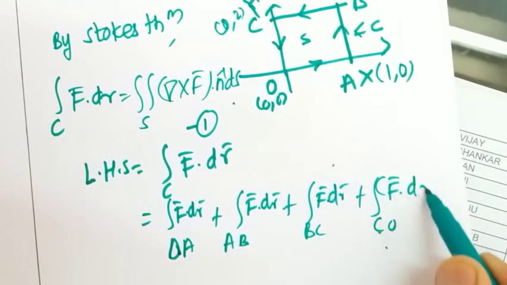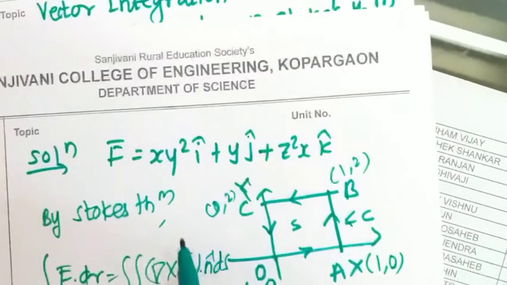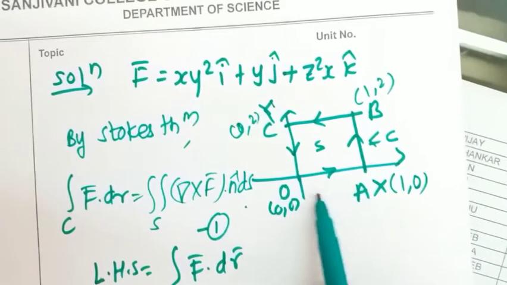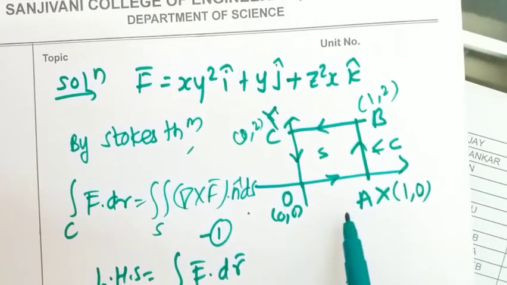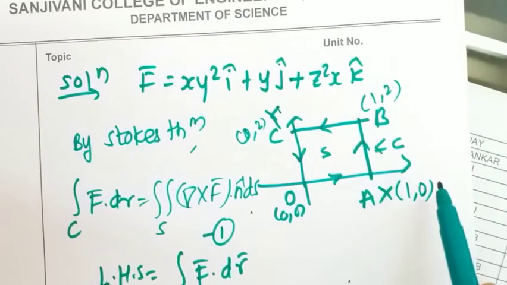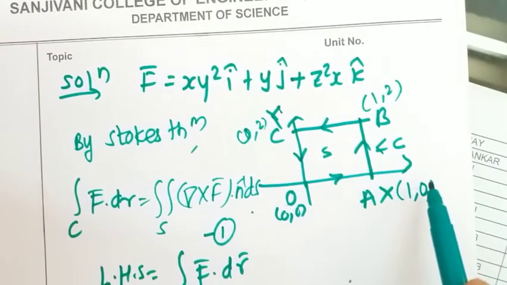Now if you take the dot product of F bar over the path OA, y is 0 and z is also 0. So if you put y equal to 0 and z equal to 0, dy also 0, dz also 0.